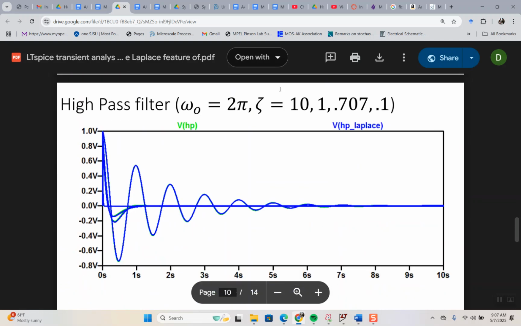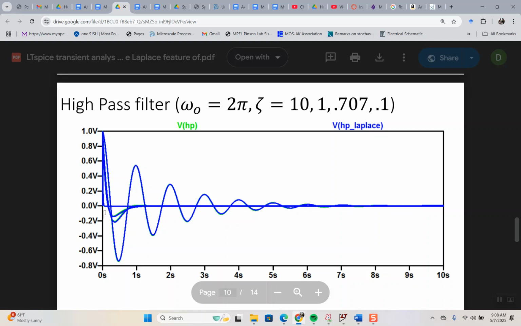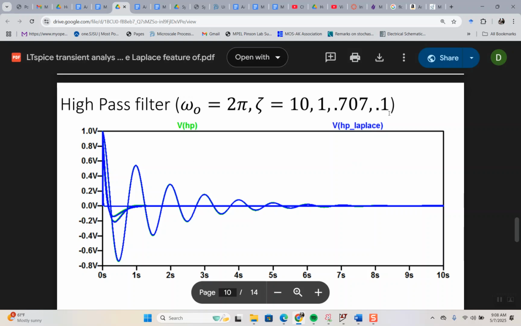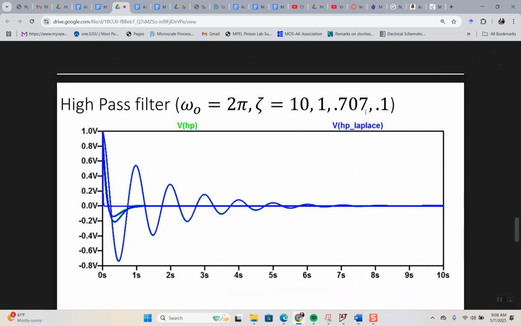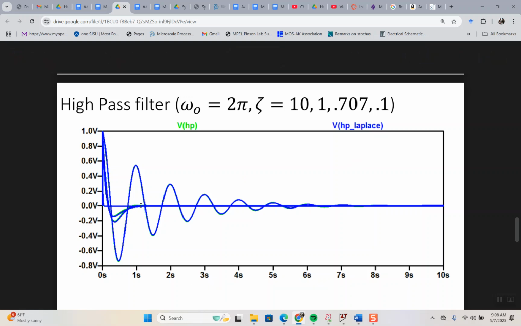High pass, obviously the one oscillating a lot is the underdamped one. But then notice we've got several crossing, right? So the heavily oscillating one is 0.1. Then we have 0.707.